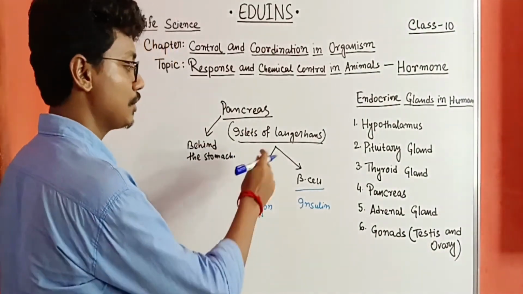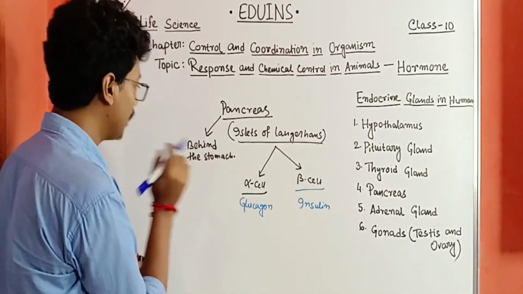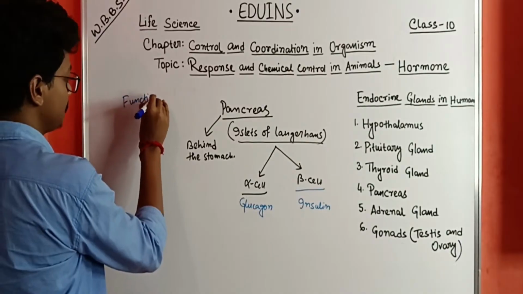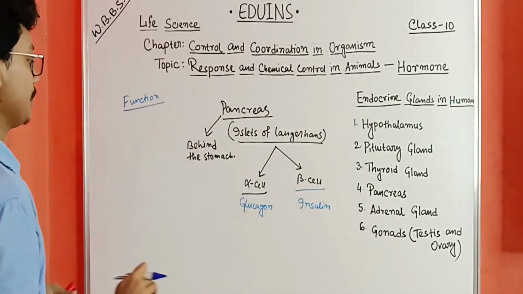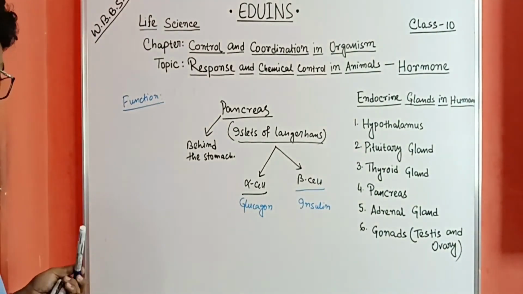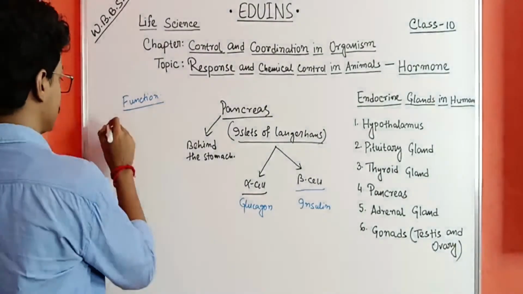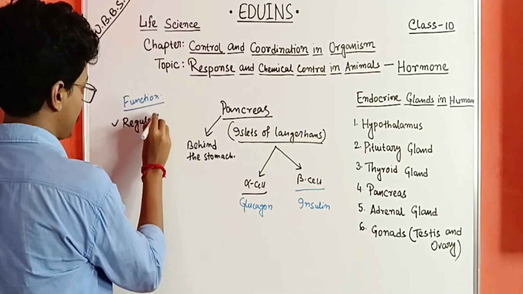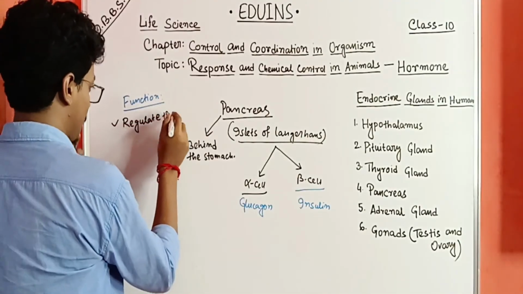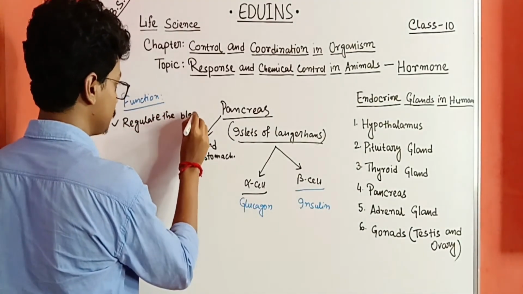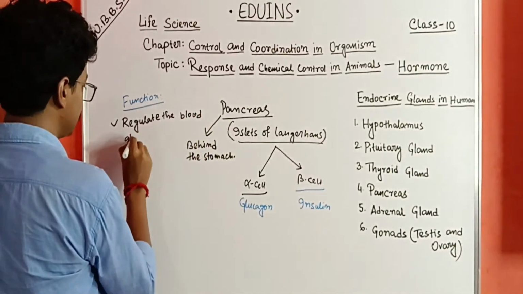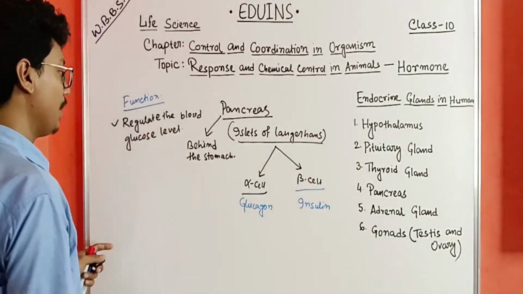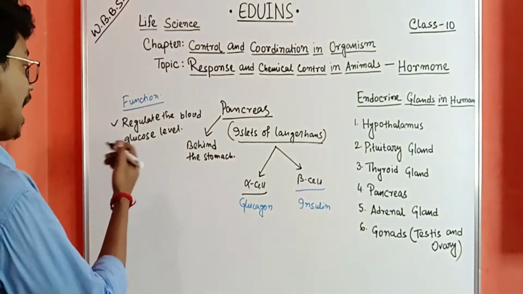So what is the function of insulin and the function of glucagon? Insulin regulates the blood glucose level. How?